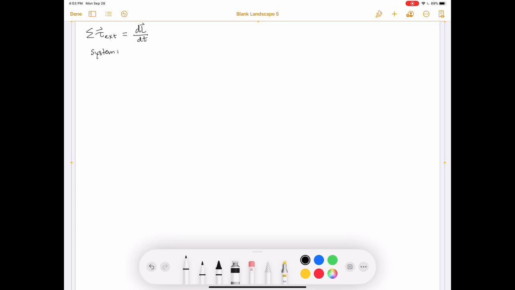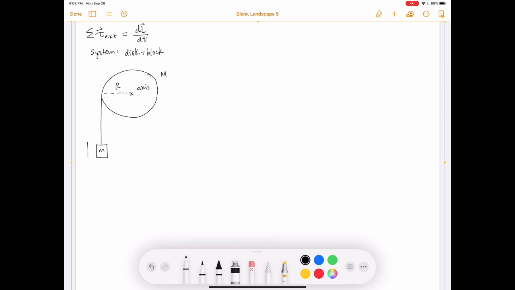So if we're going to use that, we better define what our system is. So for this problem, let's call the system the disk and the block together. Okay, so there's the disk, mass capital M. The axis of rotation goes right through the center of the disk, which has a radius r. We have a string hanging off the end of the disk, which is attached to the block, mass lowercase m.